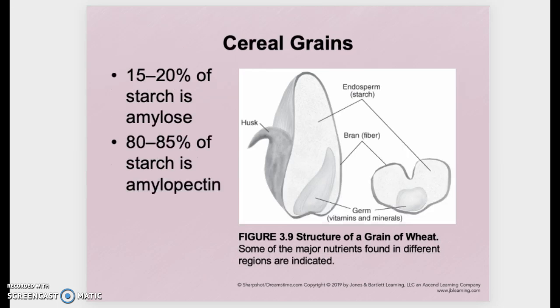Let's see. So we've talked about in other dietetics classes the anatomy of a cereal grain. You can see the majority of the starch found in the endosperm is amylopectin. Of course, the starch is going to be found in the endosperm.